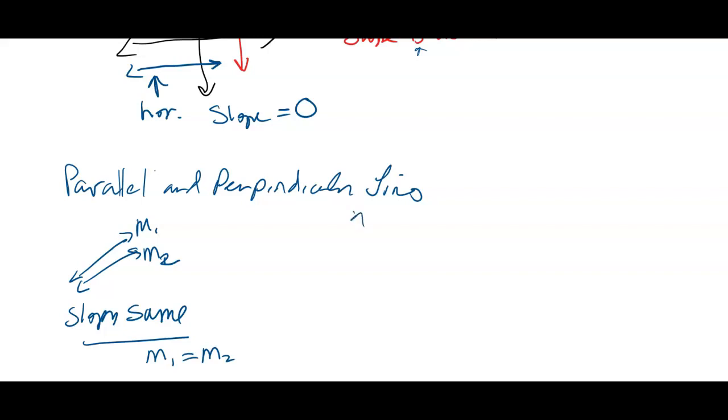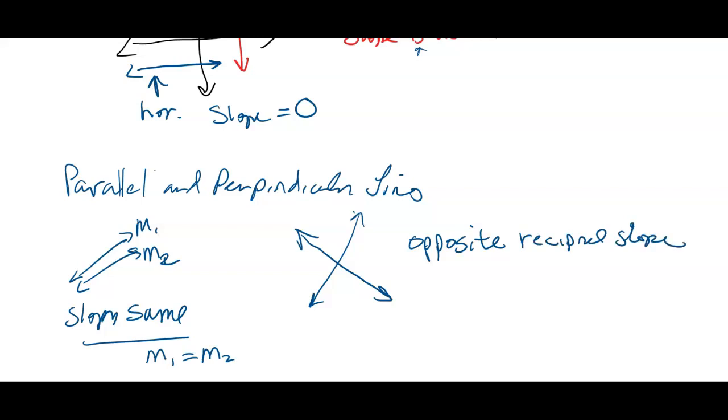Perpendicular lines, on the other hand, have what we call opposite reciprocal slopes. All right. So if this is M1 and that's M2, M1 equals the negative reciprocal of M2.